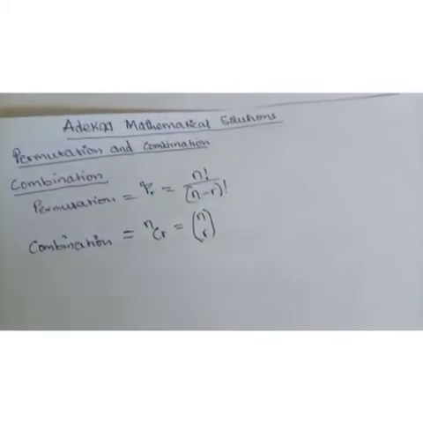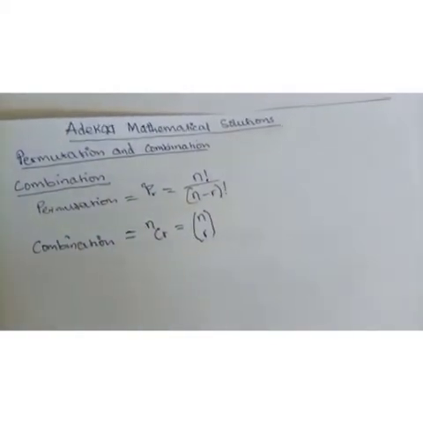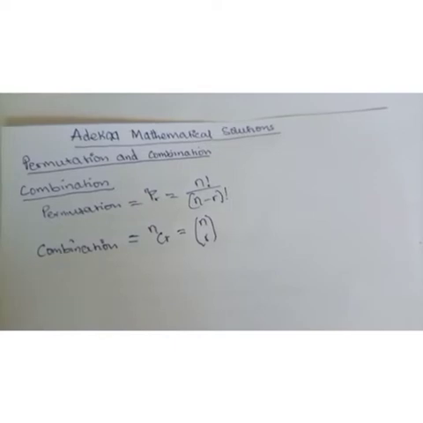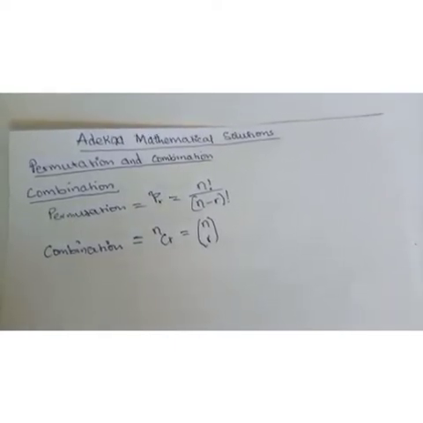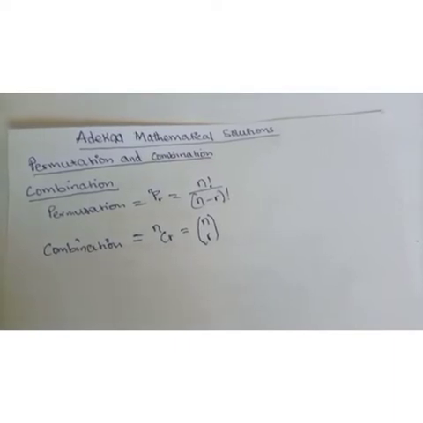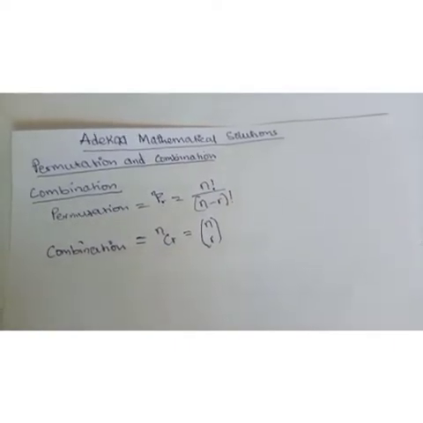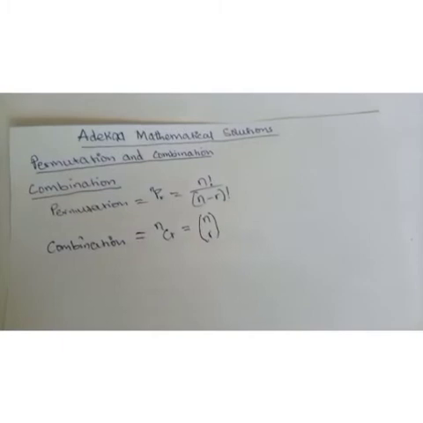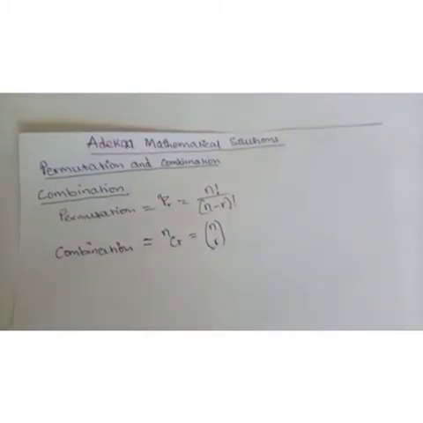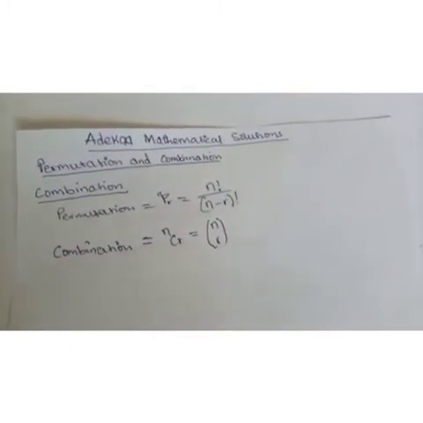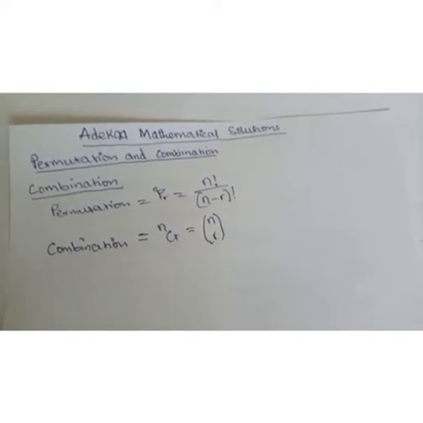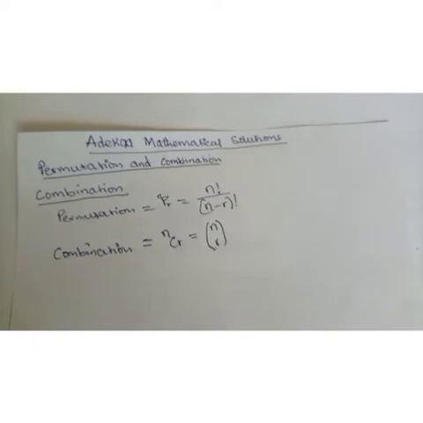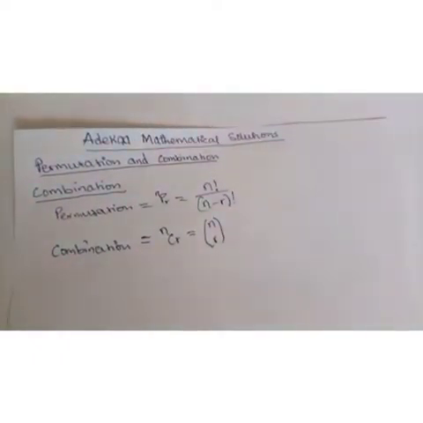So n combination r is the number of ways r objects can be selected from n objects without much regard being paid to the order of arrangement. If you can remember, in our last video, I told you permutation has to do with different ways of arrangement, and combination has to do with selection.